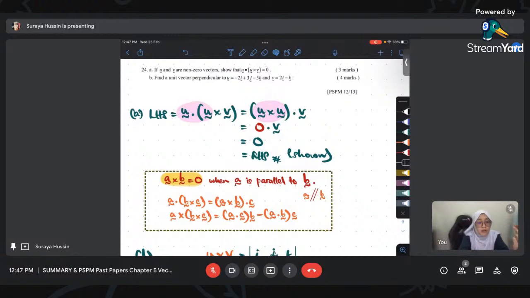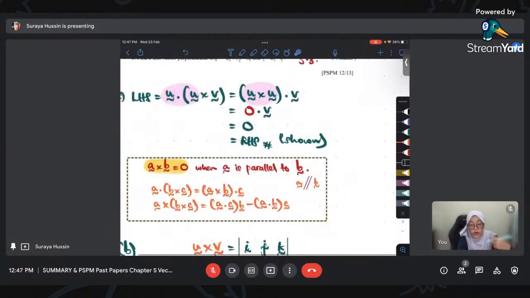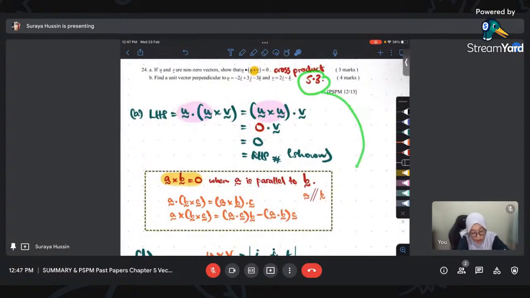Whenever you see cross dalam soalan, terus tulis cross product 5.3 subtopic. Sebab dia boleh buat kamu recall. Dia boleh buat kamu pergi tengok properties. So actually both of this is properties. Nanti saya update dalam summary saya.